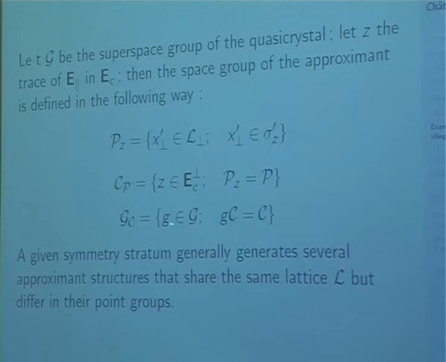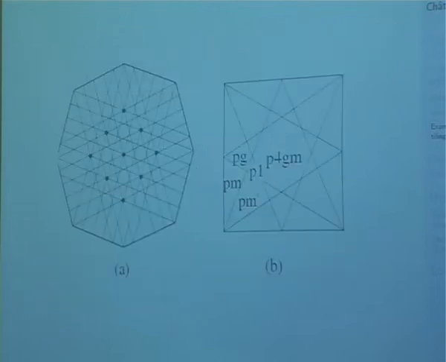If I take one cell and take all the symmetry elements that commute with P and globally keep this cell invariant, I get the space group of the approximant. So there is not one space group, but several. Here, for this previous case, we had the structures P4GM, PG, P1, PM, M prime, and so on.